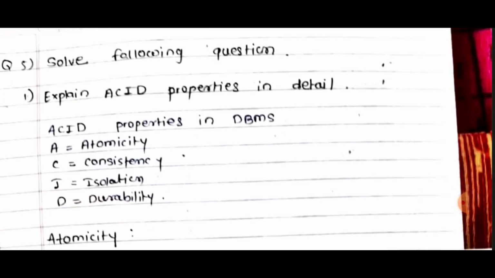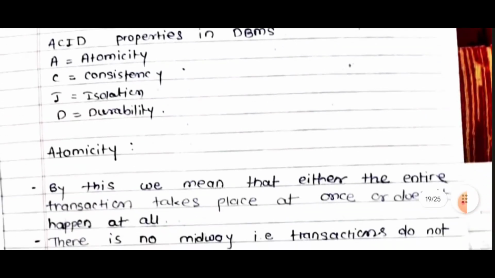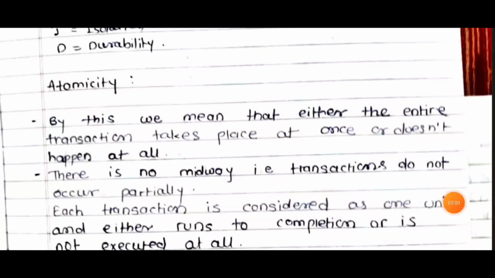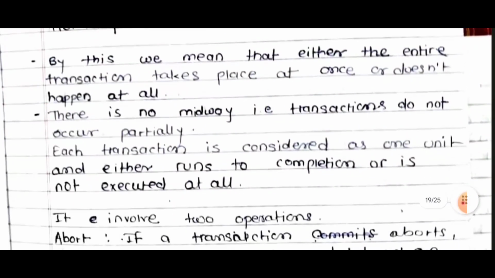Explain ACID properties in detail. ACID properties: A stands for atomicity, C for consistency, I for isolation, D for durability. Atomicity means that either the entire transaction takes place at once or doesn't happen at all. There is no midway; transactions do not occur partially.